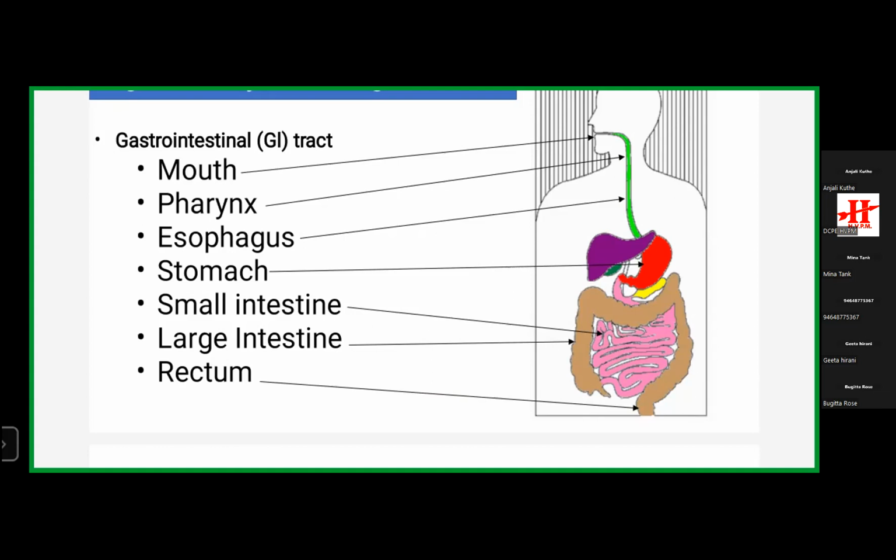This now becomes acidic in nature because it gets mixed with the hydrochloric acid. Now this acidic chyme enters the small intestine.